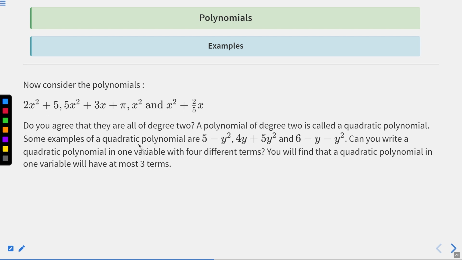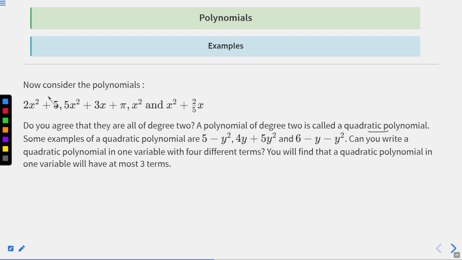A polynomial of degree 2 is called a quadratic polynomial. So these are some examples of quadratic polynomials.